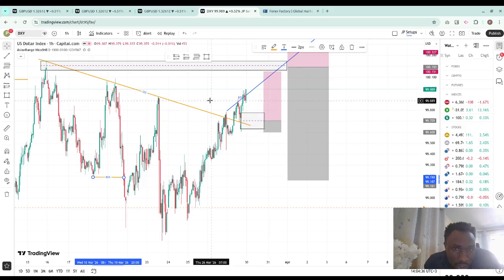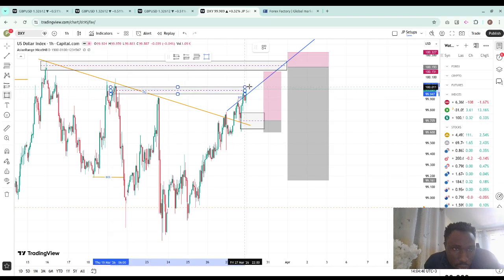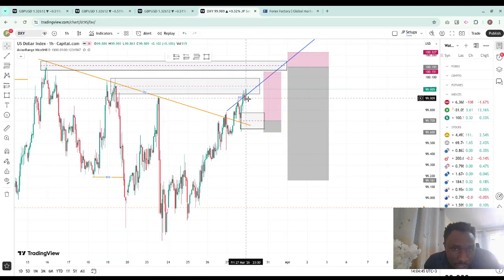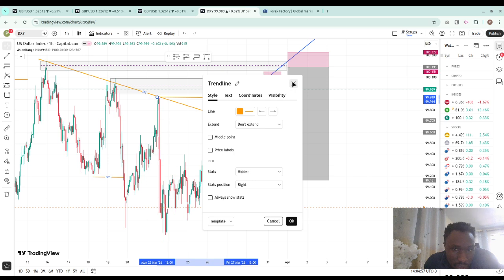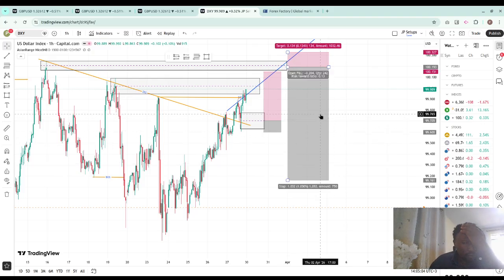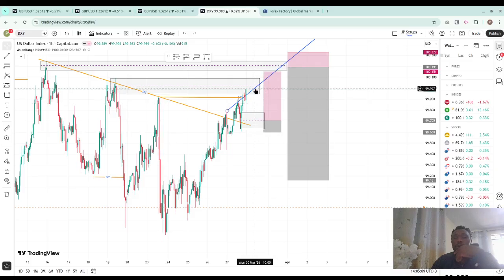There is this break of structure, which means this point is also a valid sell, especially after taking this trend line, after sweeping this. That's what I'm saying. I really want to see how the DXY will behave at this point.